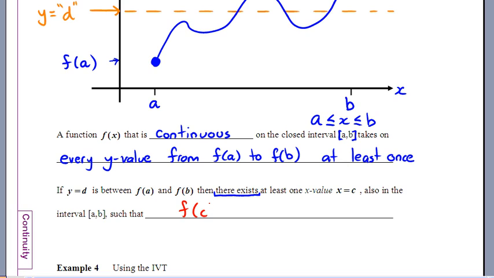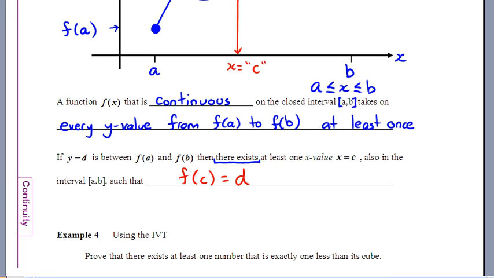F at c will actually hit your orange line d. So maybe for me, that might be x equals c. There's going to be one spot where, if you figure out what that blue f of x is doing, at that spot it's going to hit your orange line y value. It does not tell you how to find it. It just says it's there somewhere.